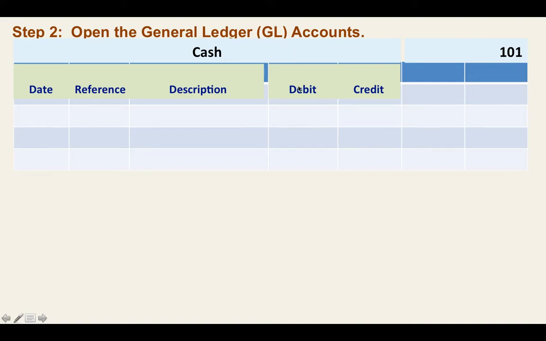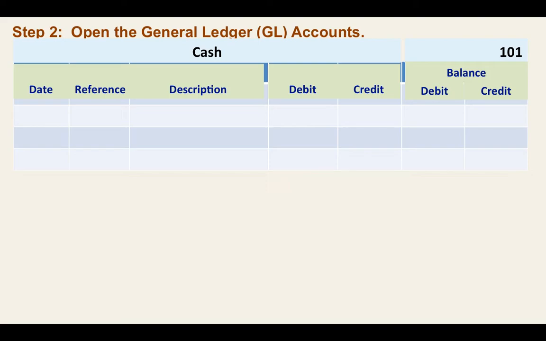We have learned that debit and credit represent increases and decreases of the account. With this, we will know whether that account has a debit or credit balance.